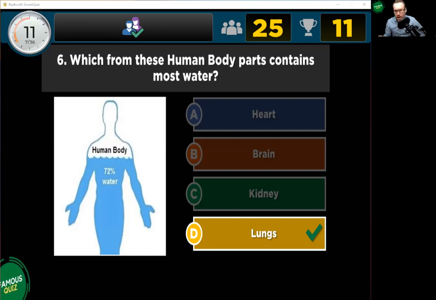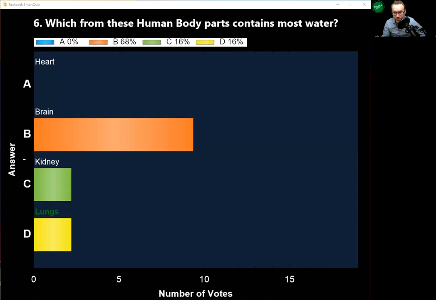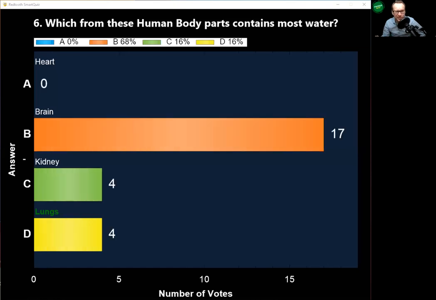All right, and the last question in the first round. Before the last question, let me see the chart. What did you think? Brain? No, no, no. Brain was 72 or 75 something. So lungs are 83%. Whopping 83%.